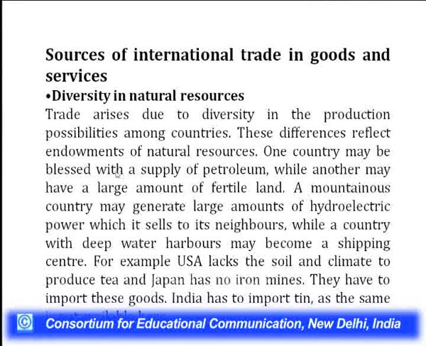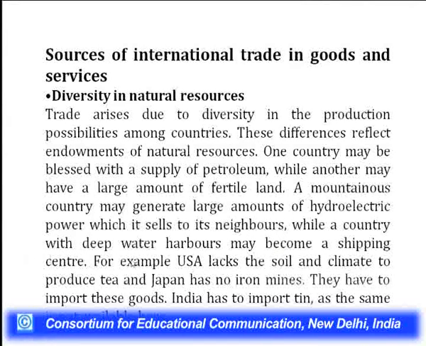One country may be blessed with a supply of petroleum, while another may have a large amount of fertile land. A mountainous country may generate large amounts of hydroelectric power which it sells to its neighbors, while a country with deep water harbors may become a shipping center.